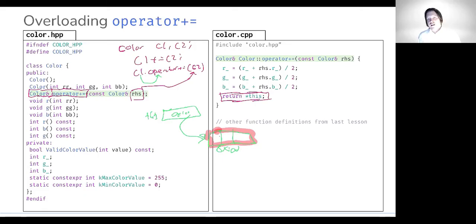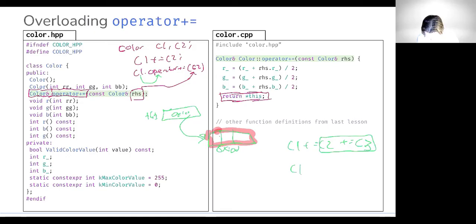It might be confusing seeing the return of a reference. Just assume that there's kind of a temporary reference being returned there. If we did something like C1 plus equals C2 plus equals C3, this gets evaluated first. That reference to some sort of object gets returned.